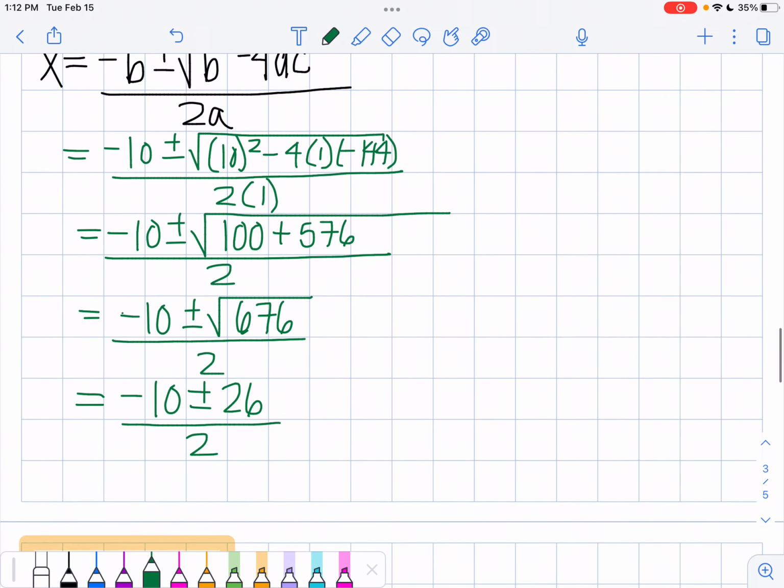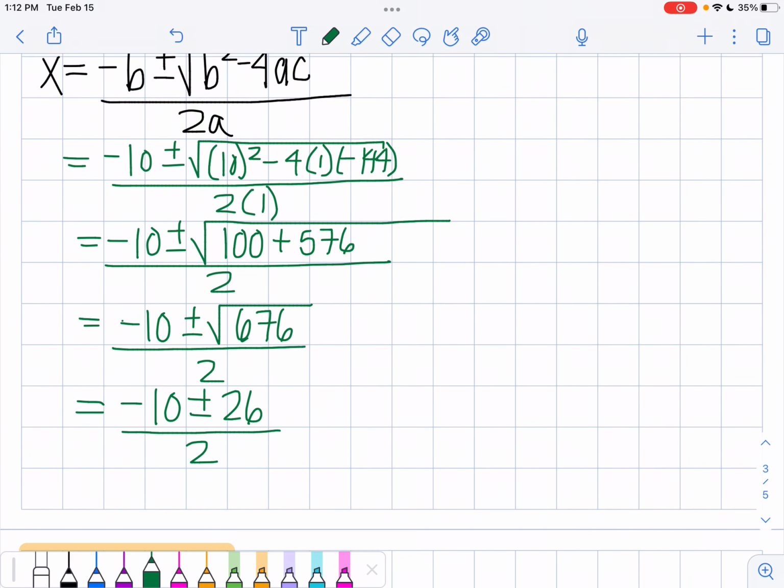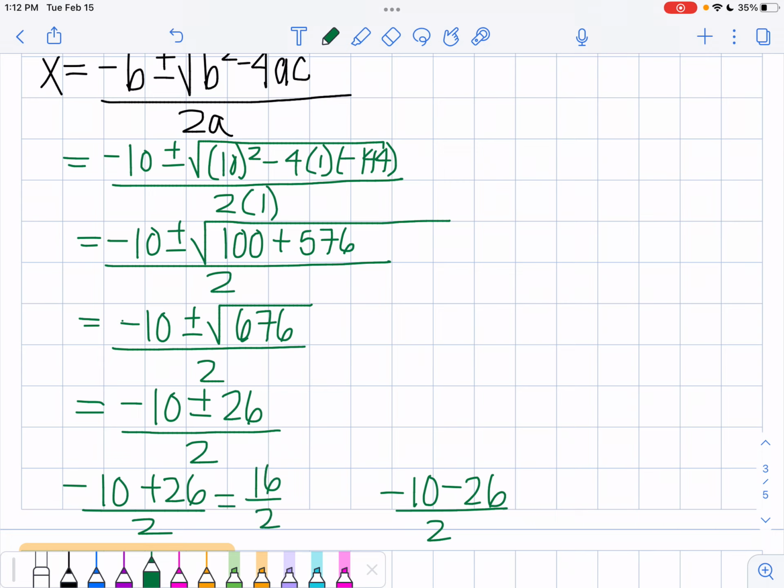Then I have to figure out my two answers: negative 10 plus 26 divided by 2, and negative 10 minus 26 divided by 2. Negative 10 plus 26 is 16, divided by 2 is 8. So there's one answer. Negative 10 minus 26 is negative 36, divided by 2 is negative 18.